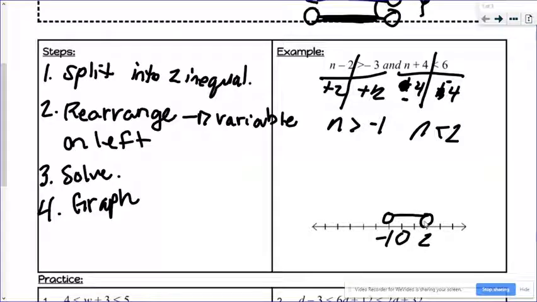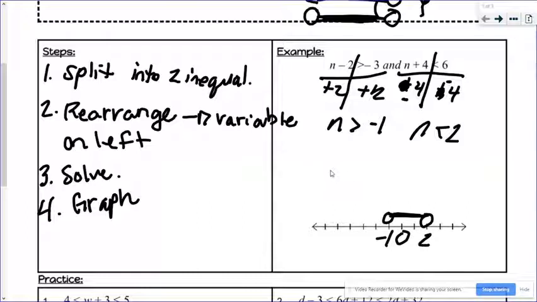When I graph from 2, it wants me to graph to the left, so I'm going to go this way, and this is my graph. So the answer to this compound inequality is any number that falls in between negative 1 and 2. So negative 1 doesn't count because it's not filled in, but 0 would count, 1 would count, 1.5 would count, 2 doesn't because it's not filled in.